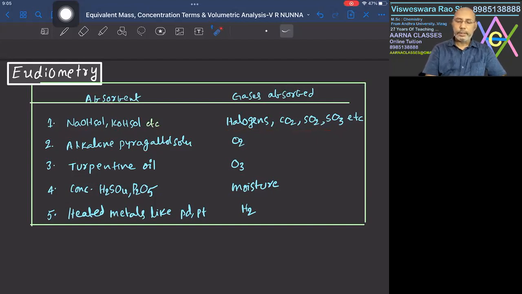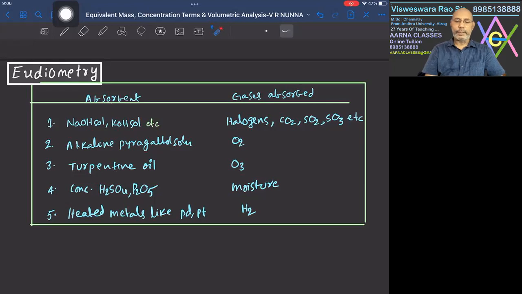Now, to absorb oxygen gas, you need alkaline pyrogallol. Pyrogallol is a substance; knowing its structure is not at all necessary. Alkaline pyrogallol means it is made alkaline by adding a little bit of first group hydroxides, sodium hydroxide or potassium hydroxide, you take anything.